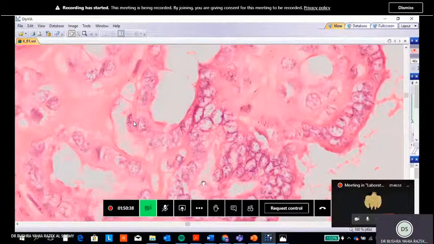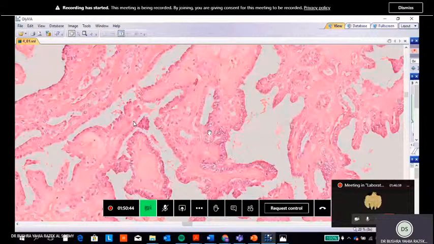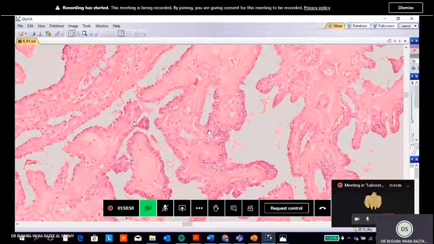This is very important. Those we call true papillae, because in Graves' disease, remember, they are pseudopapillae. Pseudopapillae means it is just the lining forming a papillary structure because they are crowded, no space. So they form papillae and protrude into the lumen, and they don't have the fibrovascular core.